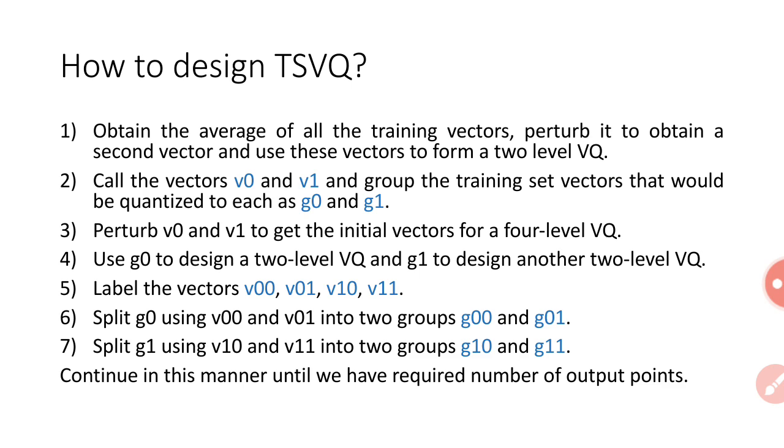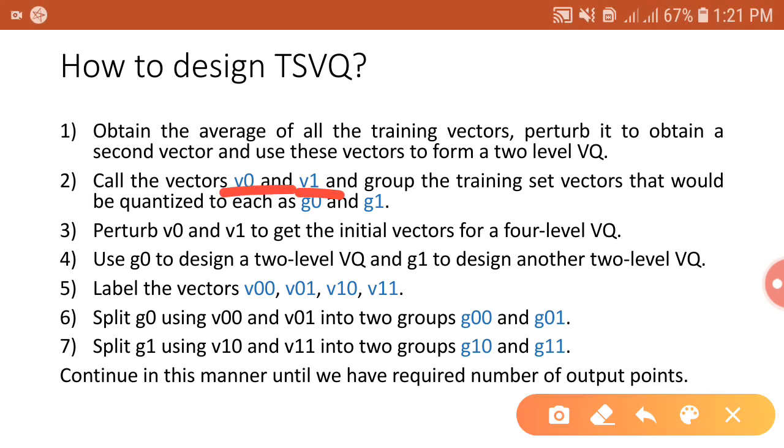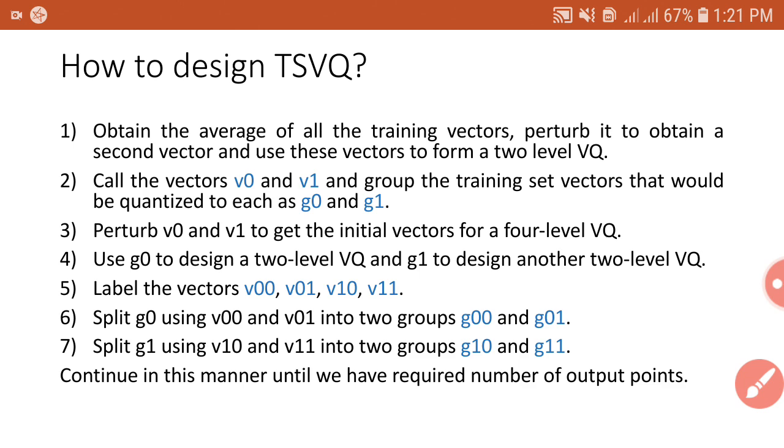Now use these code vectors to form a two-level vector quantizer. Here a two-level vector quantizer means the vector quantizer will have two clusters. Now call these two vectors V0 and V1, and call the groups of training set vectors that would be assigned to each code vector G0 and G1.